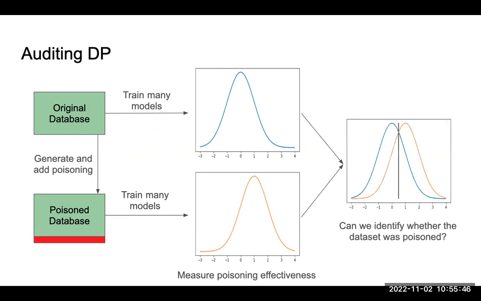But it turns out that if you try to distinguish between these distributions, between the worlds where it's poisoned and not poisoned, you'll be able to get some effectiveness of this distinguishing. And essentially what that's saying is we can learn whether that poisoning was in the training set or not. We're leaking the privacy of the poisoned example itself and getting an estimate of how private the model is.